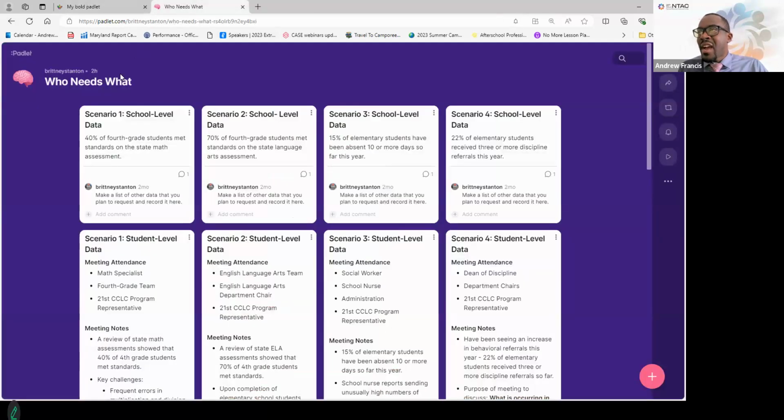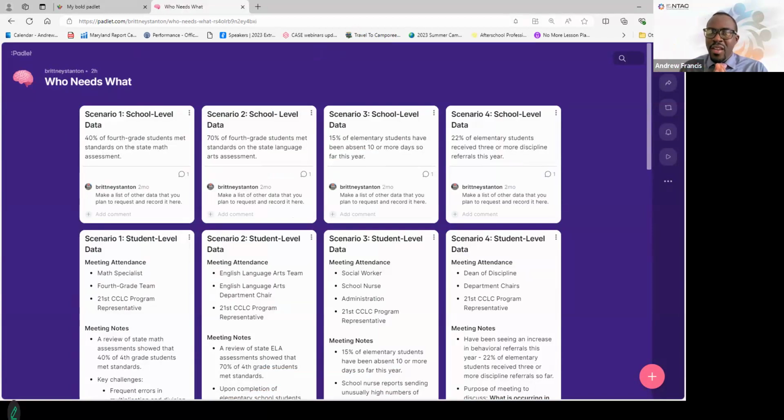So we have 4 scenarios. All the people whose name starts with A to F, we'd like for you to go and make a list of data that you plan to request and record for scenario 1. If your first name starts with G to L, then take a stab at scenario 2.